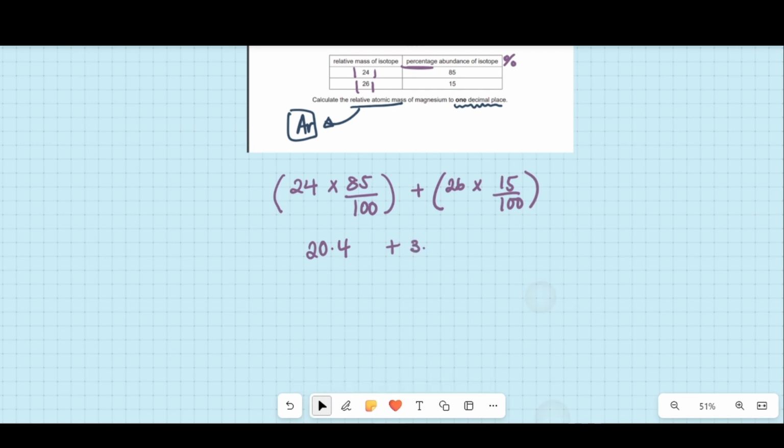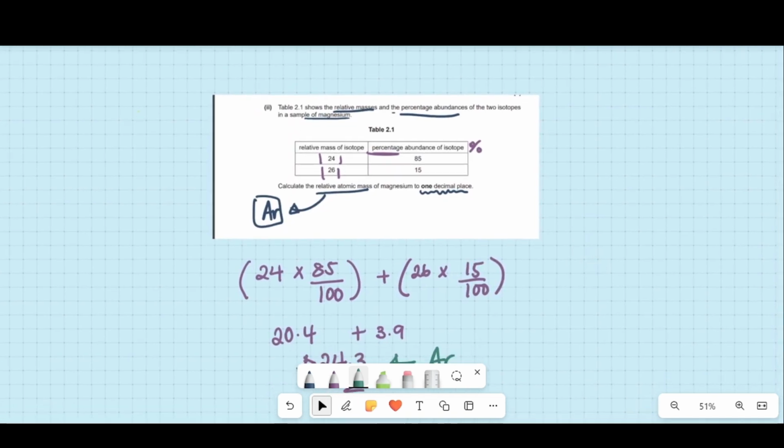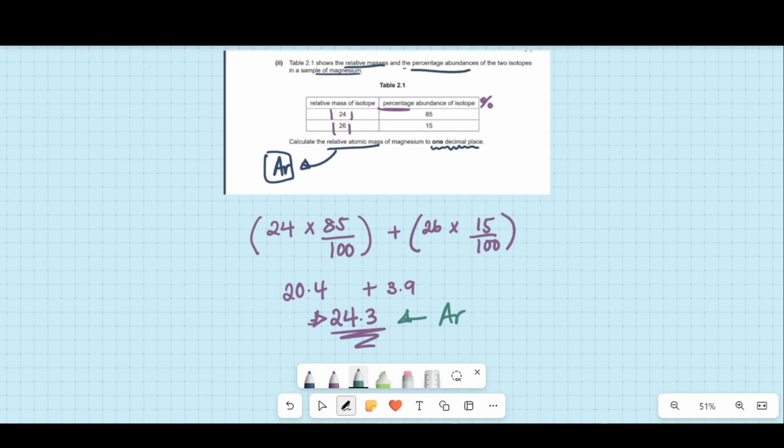If I add this together, 20.4 plus 3.9, that would give me 24.3. So this is my relative atomic mass, and that is how you can calculate it for any atoms, any isotopes. You don't have to know that magnesium has isotopes. You're given the table, and that's how you can figure it out. So a little reminder, it's a percentage. So that's pretty much it.